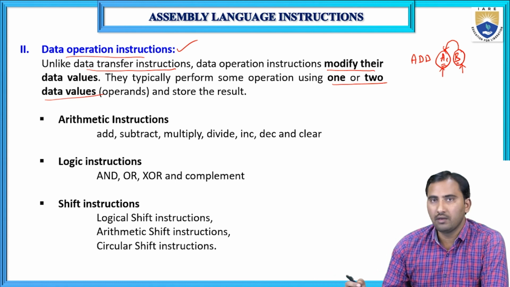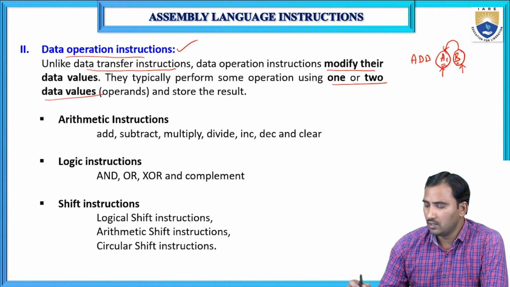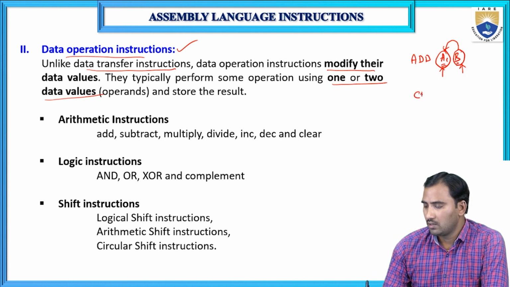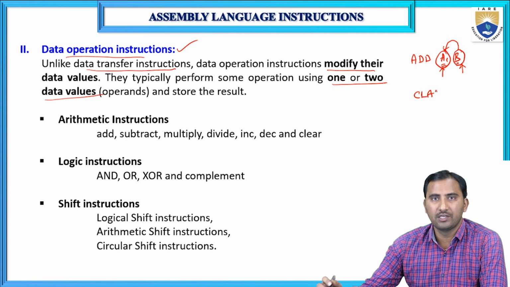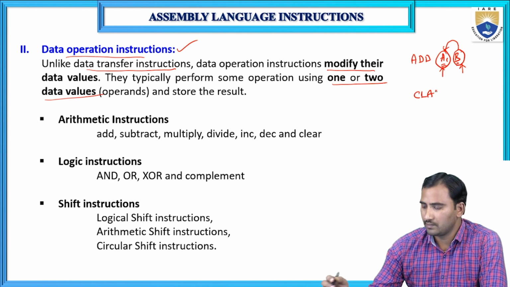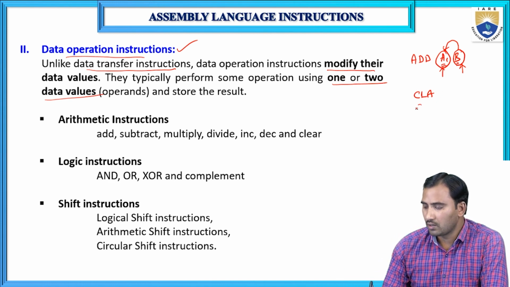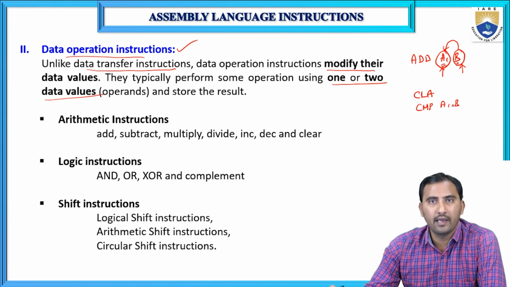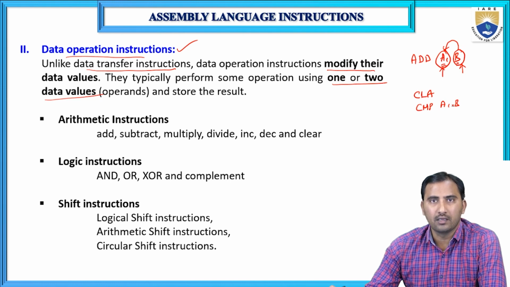Suppose you take any other operation, like CLA, that means clear accumulator, or CMP, which is compare A, B. And if you take complement accumulator, generally we are performing this complement operation on only one type of data.